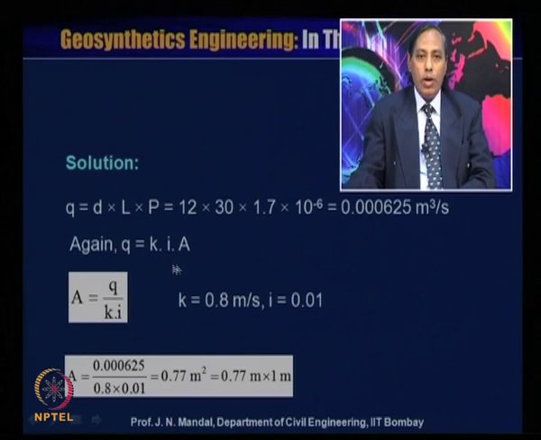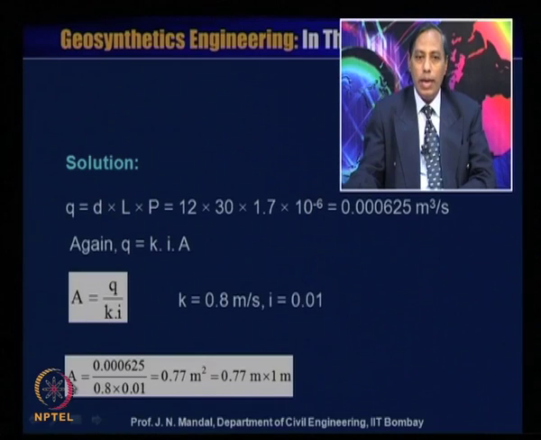Again we know Q is equal to K into I A. So, from this equation, Darcy's law, you can calculate A is equal to Q by K into I. K is given 0.8 meter per second, I also given, that is 0.01. So, you substitute this value K and I into this equation.